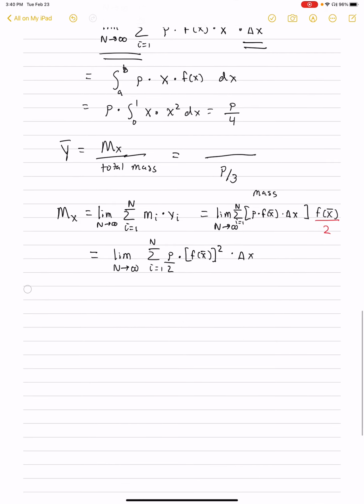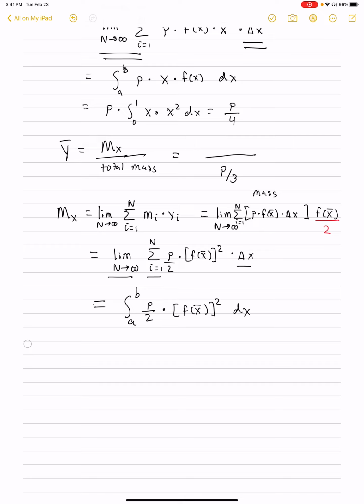Because I have this limit, I have the summation, and I have a delta x, I get to write that this is an integral from a to b of rho over 2 multiplied by f of x bar squared dx.